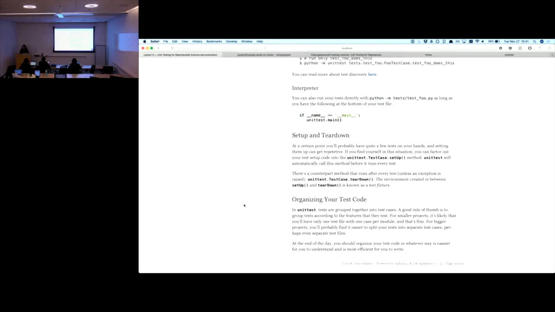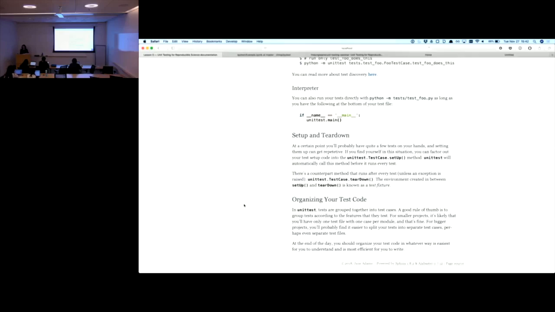I asked you all to have on hand a Jupyter notebook or some code that you're working on that you can write some tests for. If you don't have that, we can get some example code for you to work on.